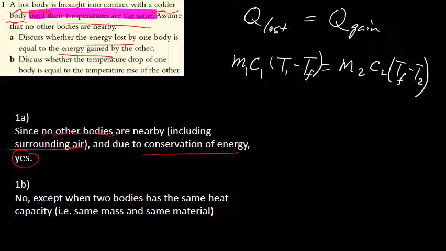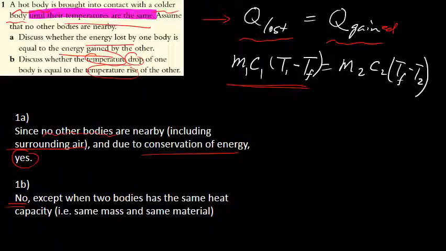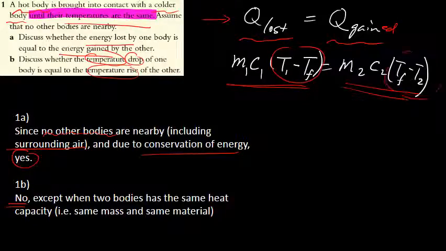For the second question, it asks whether or not the temperature drop is the same as the temperature rise of the other one. And the answer is no, because you can look at this equation. First of all, we know that the energy loss and gain, just like what we mentioned, is the same for different bodies in contact. And you can further deduce this equation in the second part here, and you can see that this temperature change and this temperature change will only be the same when the mc and the other mc are the same.